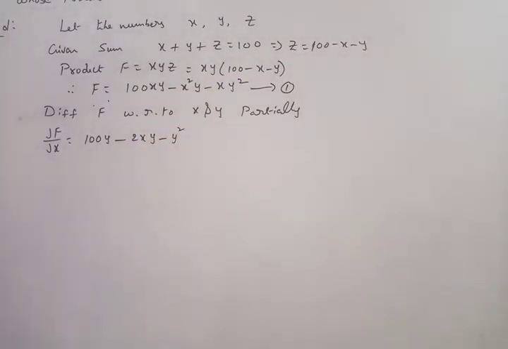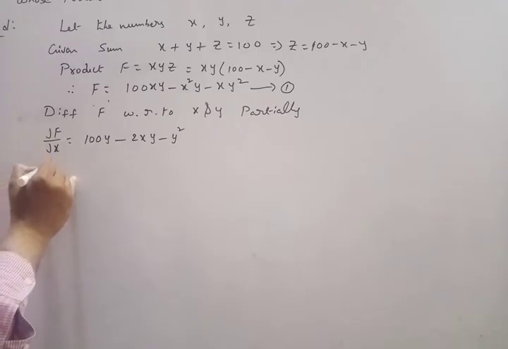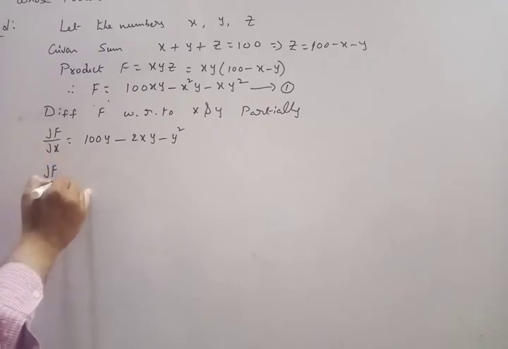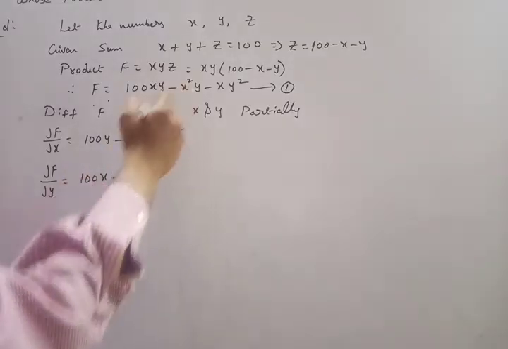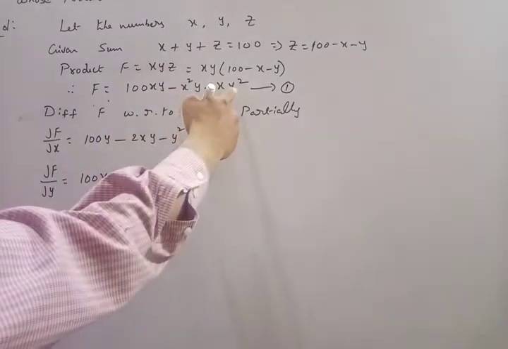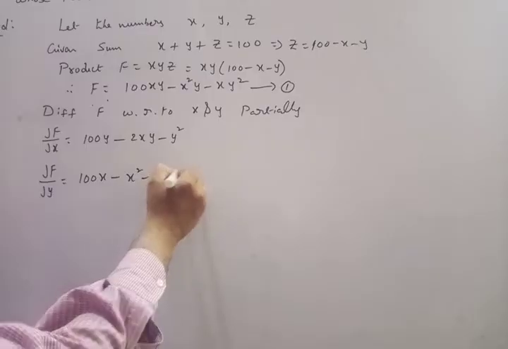Next, dou f by dou y: y is 1, we get 100x minus x square, and y square is 2y, so 2xy.